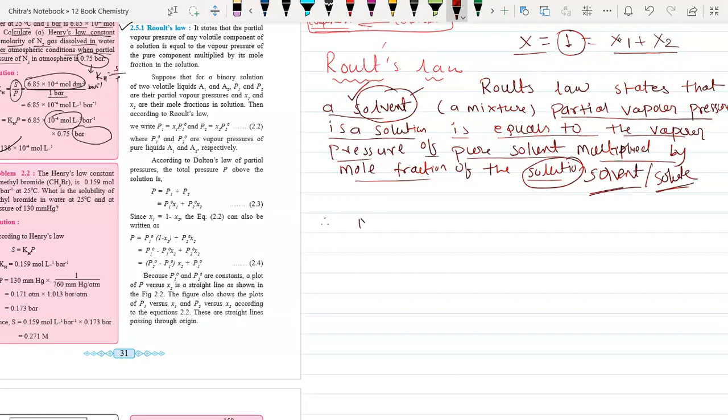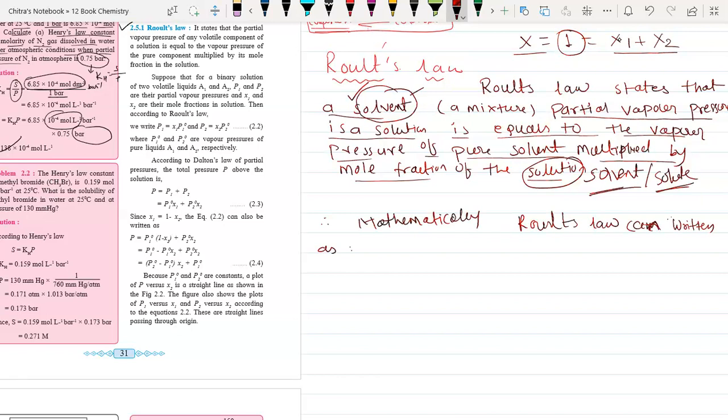Therefore, mathematically, Raoult's law can be written as follows.